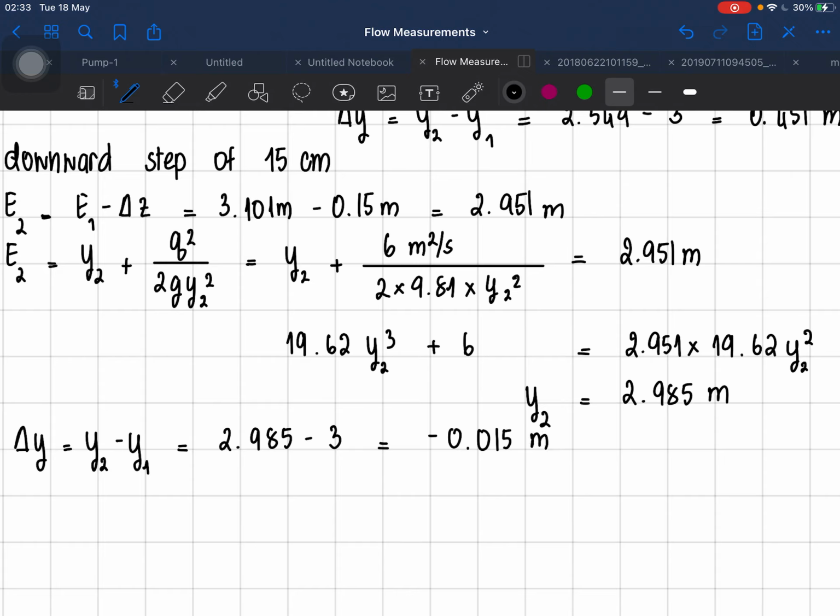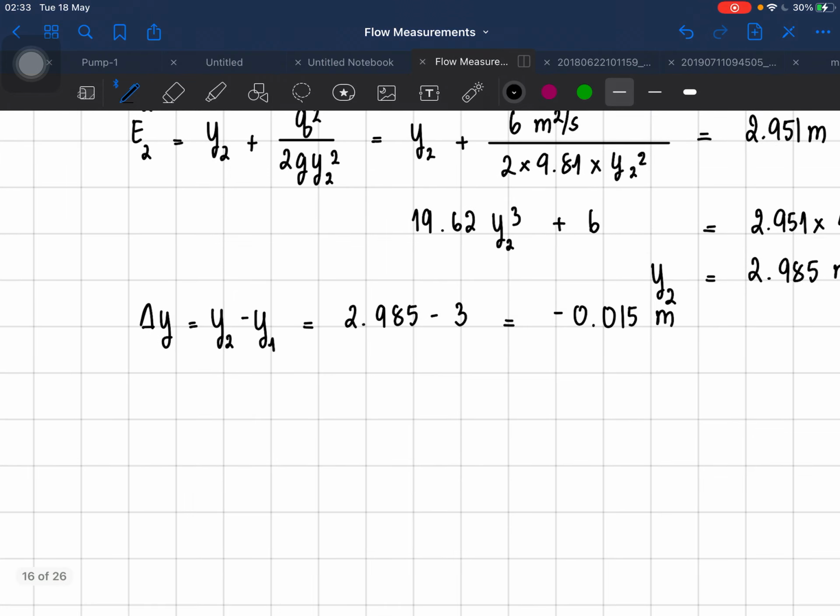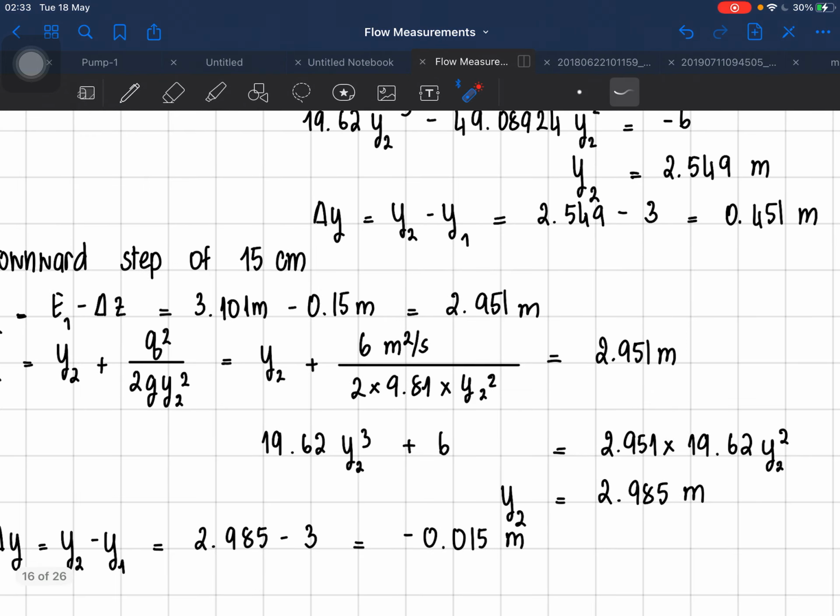Okay, so it seems like the number is a little bit strange, but okay. So now we still can see that the water keeps dropping. There should be a minus sign here, right? If there's a minus sign, it means that the surface drops, it doesn't rise.